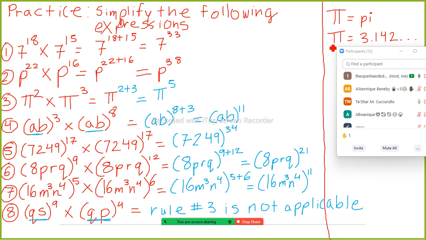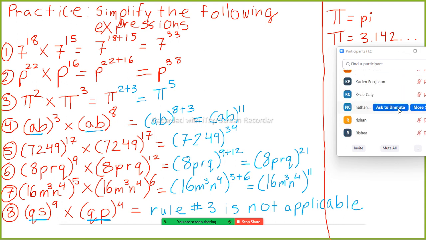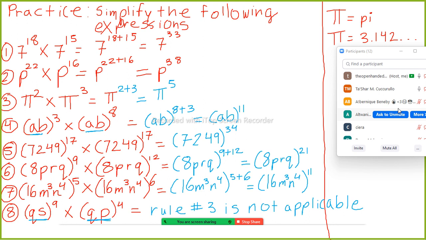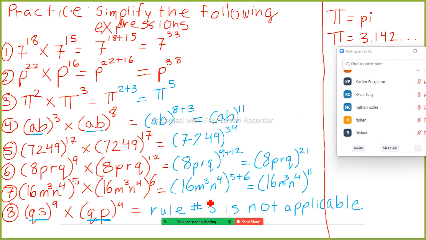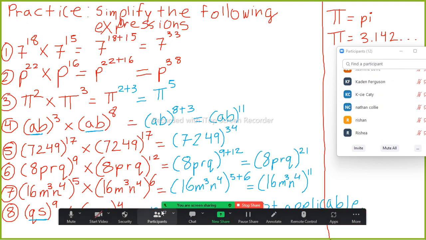It's a special number in math. All right, hopefully there are no more questions for this one, and we can continue on with our discussion. So let's move on.